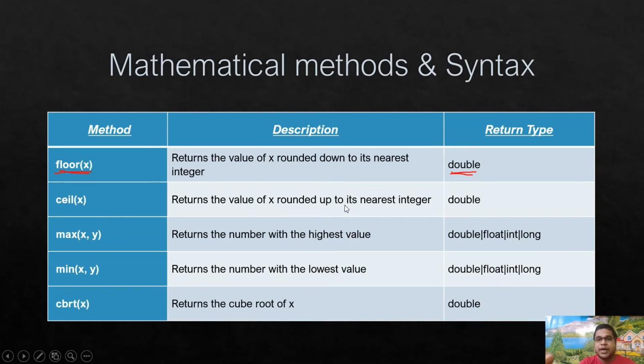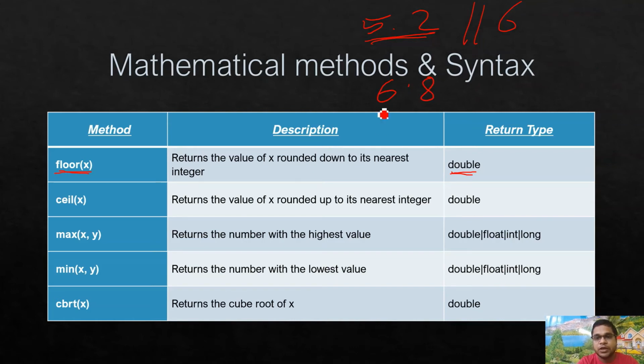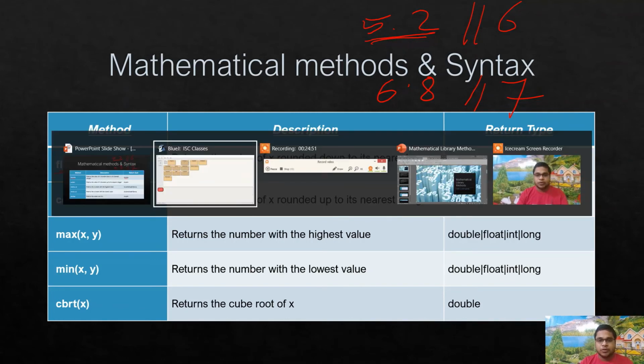If you take 5.2 then it rounds up and the output is 6. If you take 6.8 then it rounds up to 7. So this is the working of the ceil method. Let's run the program and check.